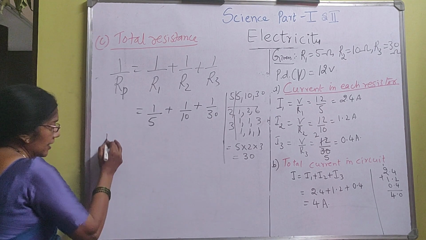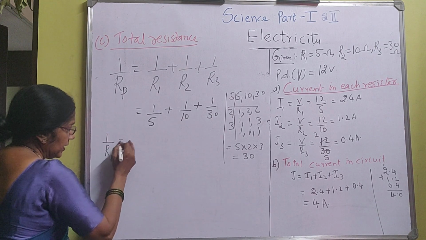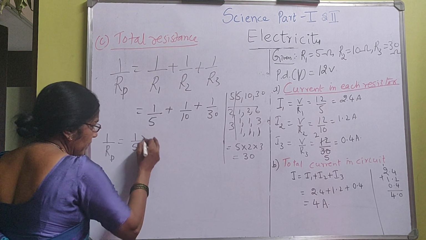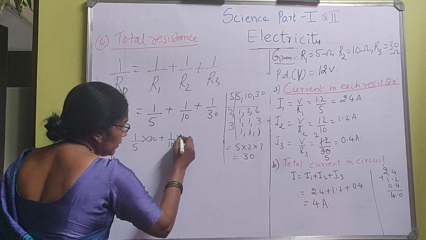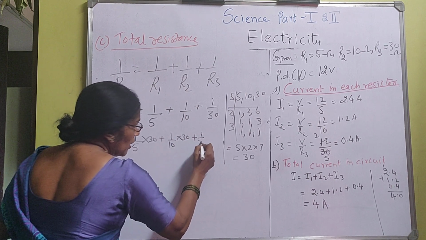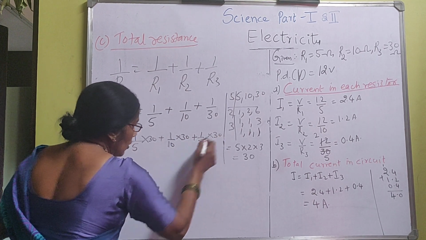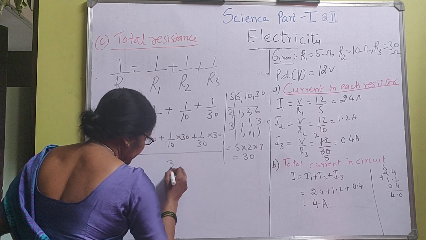Now let us calculate. 1 by Rp is equal to 1 by 5 into LCM plus 1 by 10 into LCM plus 1 by 30 into LCM, whole divided by 30.